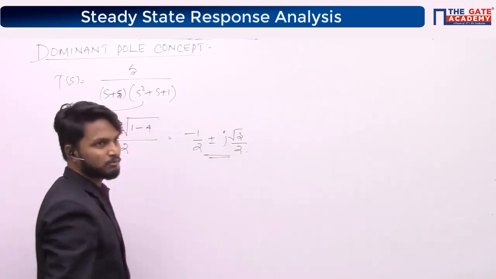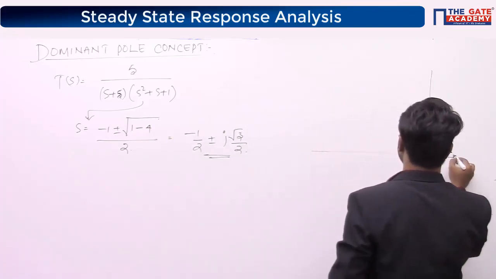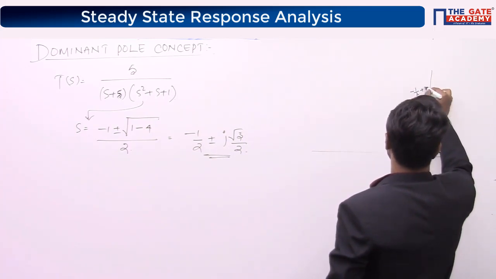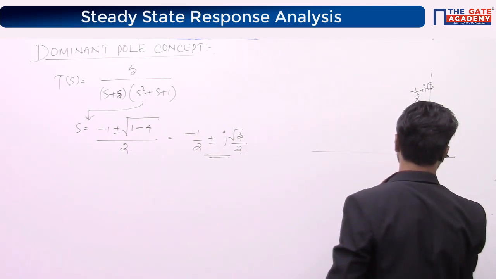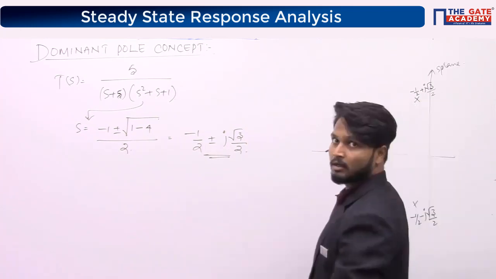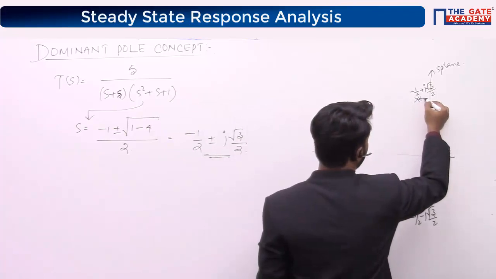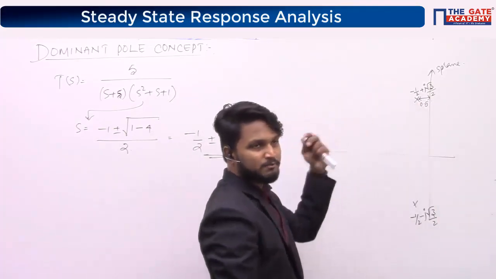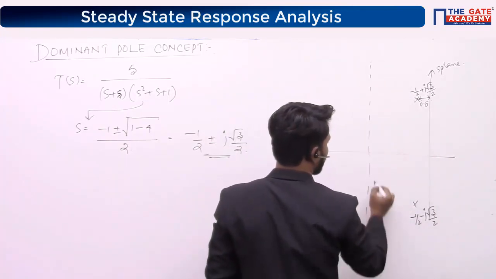So the poles are minus 1 by 2 plus j root 3 by 2, and the other pole is at minus 1 by 2 minus j root 3 by 2, right? The distance of the first two poles from the j omega axis is how much? 0.5 units, right? So 5 times 0.5 is minus 2.5, right?